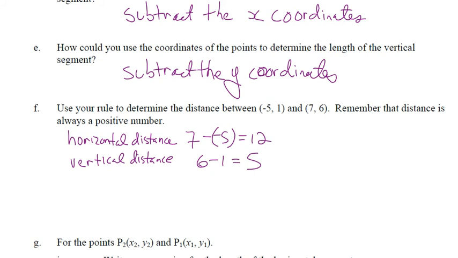And so how do I calculate the distance? 12 to the power of 2 plus 5 to the power of 2, which is 144 plus 25.